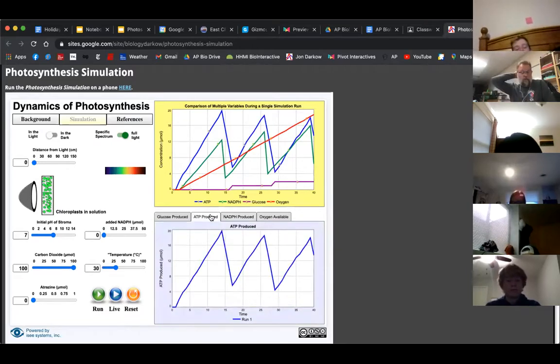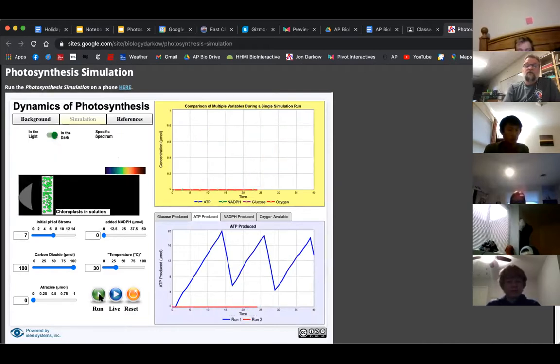So which variable do I need to change in this case? Well, is light really necessary for this? So let me turn the light off. What happens if I have no light? Do I still get production? And so I can see run number 2, Zippo. I got no ATP if there's no light present.